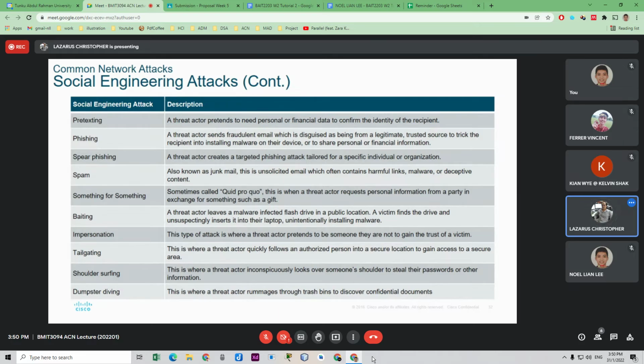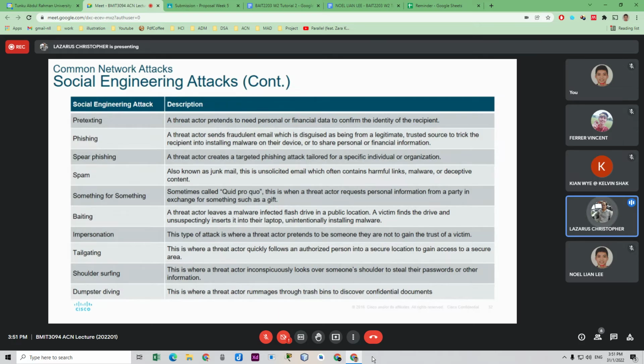Right? Spear phishing. A threat actor creates a targeted phishing attack tailored for that specific individual. Again, this is based on the recon. They will find out who is in charge of what. They'll check, do they have social media? They will find out every little detail about this specific person.